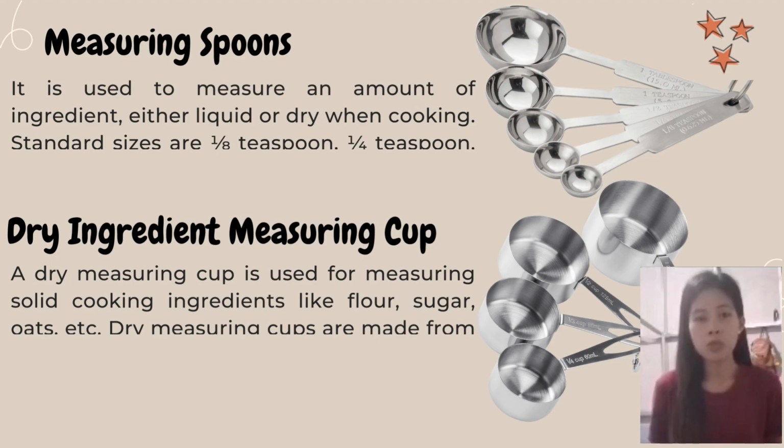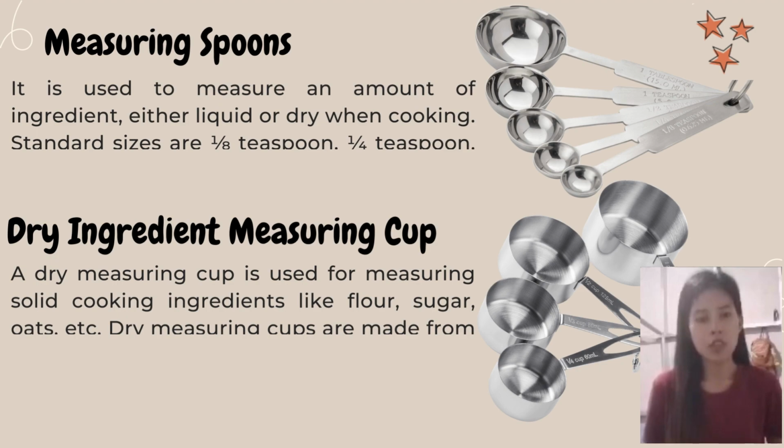Measuring spoons measure very small quantities of ingredients quickly and accurately. There are types of measuring spoons like stainless steel, plastic, wood, copper, ceramic, or even glass.